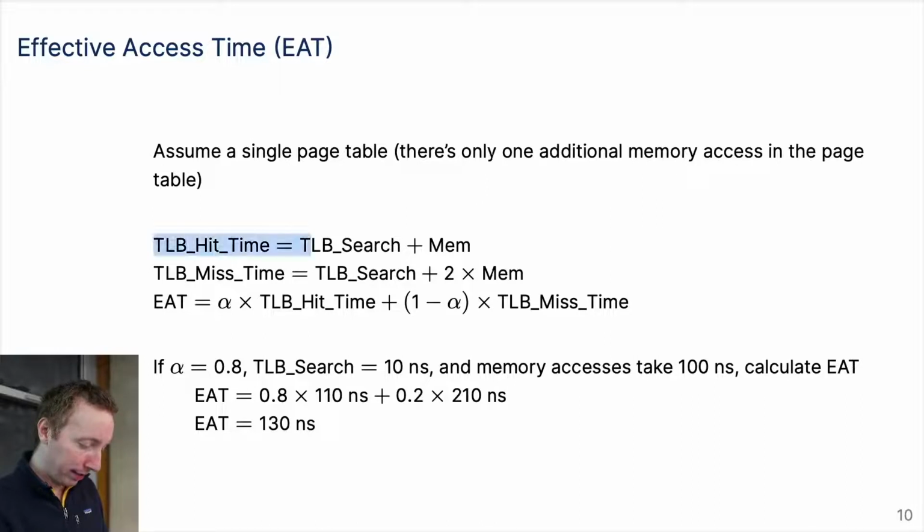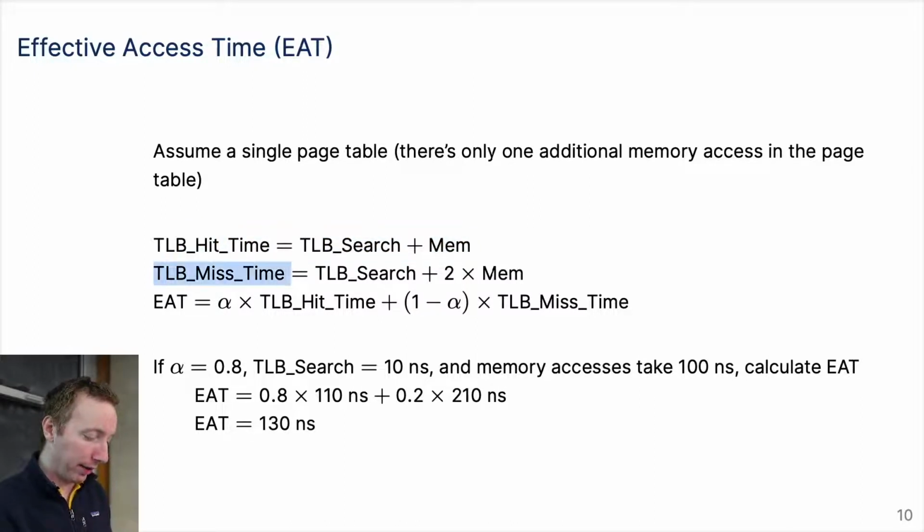So in this case, if we have a hit in our cache, it's going to be the time it takes to look it up in the cache plus the time of the initial memory access, the actual physical memory access, which is the total time it takes if it is in our cache.